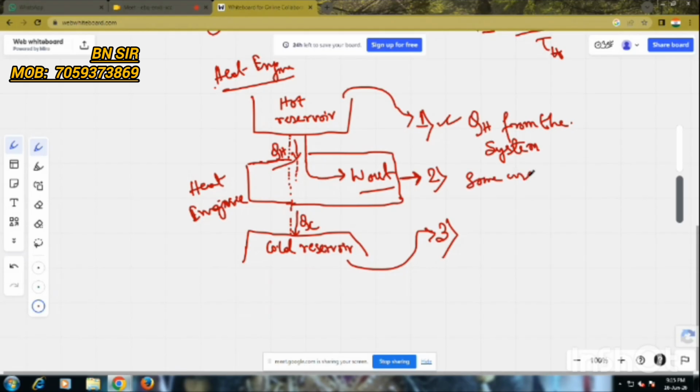So during this process, some energy is lost in the second step, that is nothing but W out.